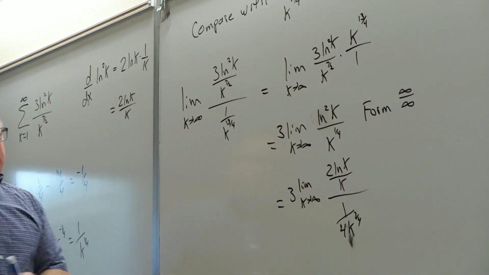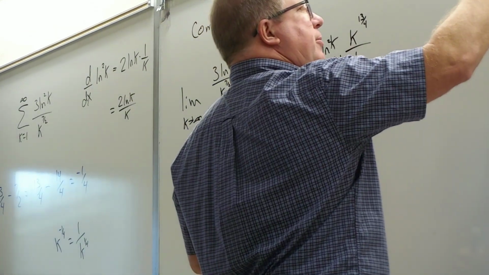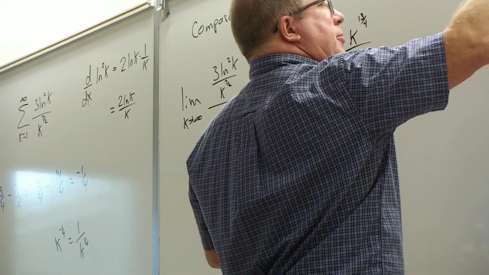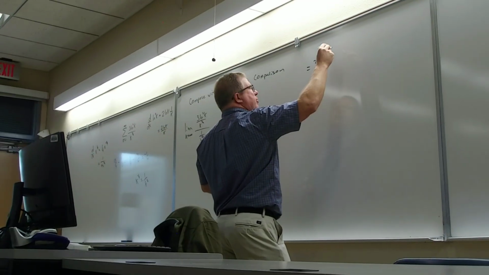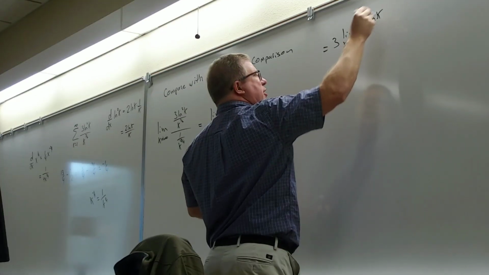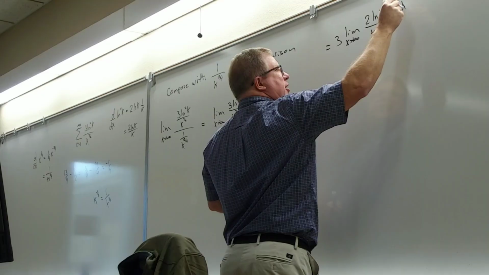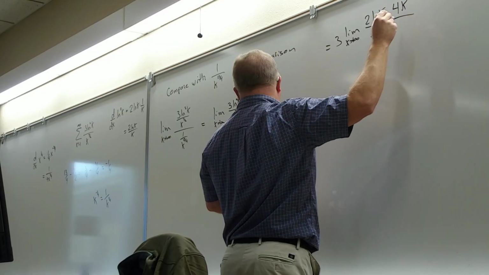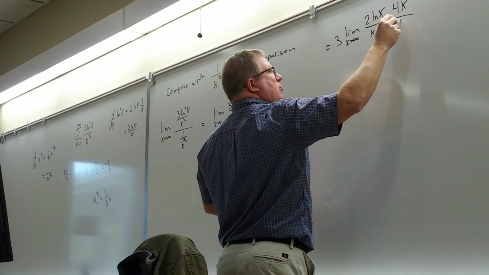Okay, so multiply by the reciprocal, times 4k to the 3/4 over 1.